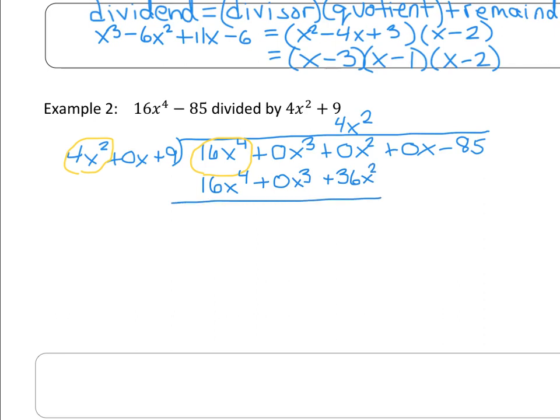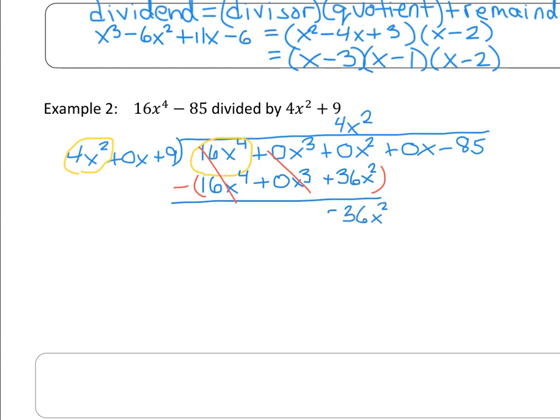Now when I do my subtraction, the entire polynomial is being subtracted from the one above it, so I'm going to capture that in parentheses. You can see that the first two terms cancel by design, and these two terms are also 0. Now I have 0x squared minus 36x squared, which gives me negative 36x squared.